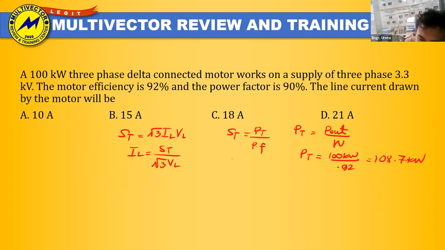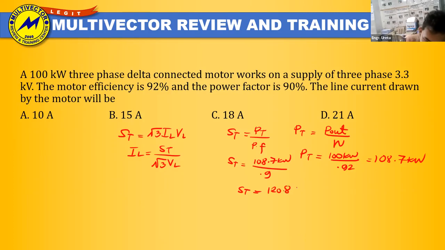Okay, so in terms of ST natin, ST is just equals to power total, which is 108.7 divided by power factor, which is 0.9. Total apparent power.